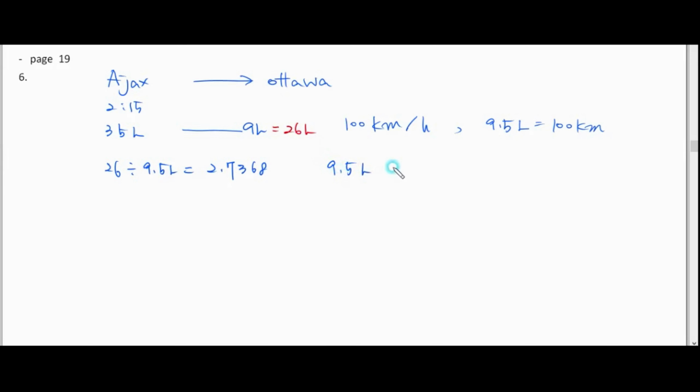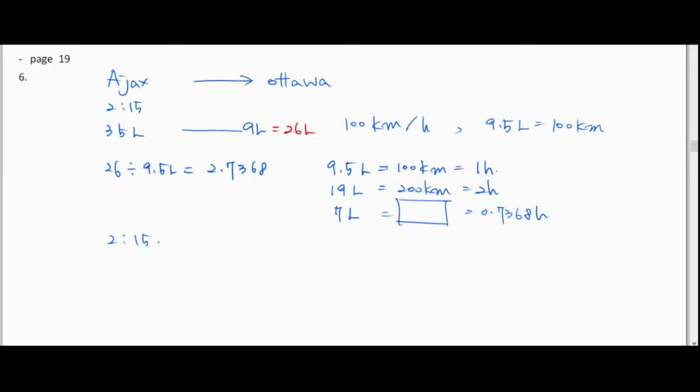So 9.5 liters equals 100 kilometers, and that equals 1 hour. So with 19 liters, you can drive 200 kilometers, and that will take 2 hours. And then, there are 7 liters left, and that will equal 0.7368 hours. And that will drive a certain distance, right here. And then, that 0.7368 hour, we can just write that in minutes.